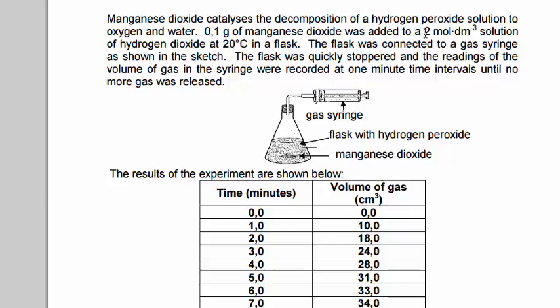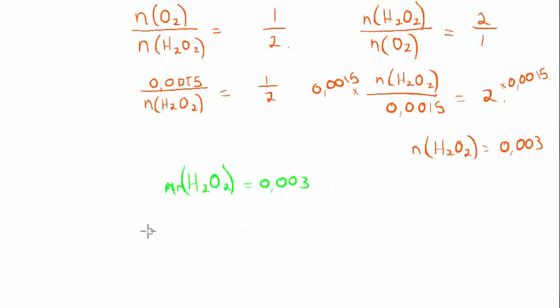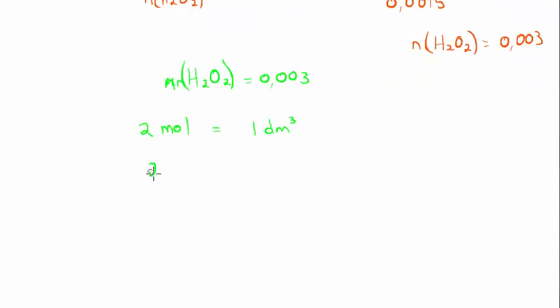So they told me that there were 2 moles per cubic decimeter in my solution, which again says that I have 2 mole is equal to 1 decimeter. Or I can just look at it like this: 2 mole divided by 1 decimeter. Okay, this is what was given.